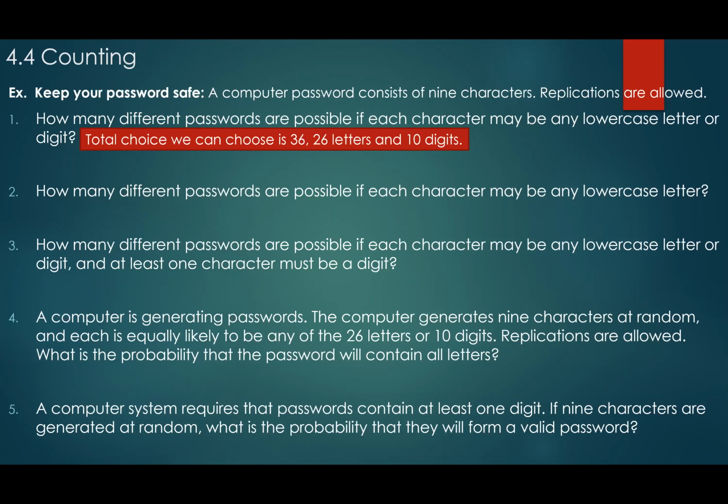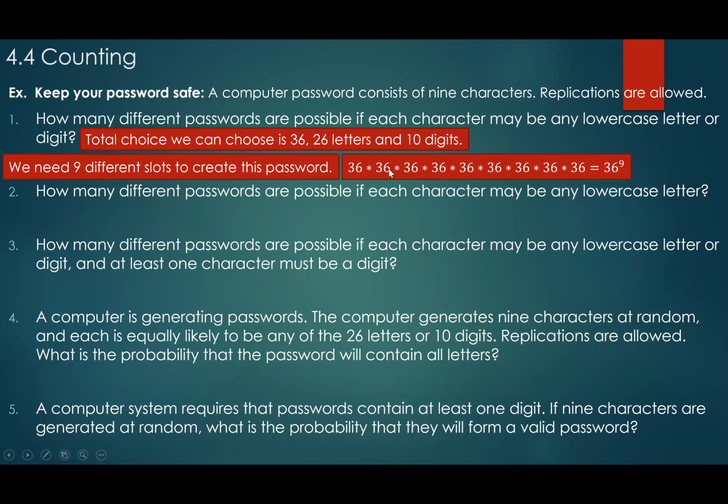Because there are 26 letters and 10 digits that I can choose from, A to Z and 0 to 9. So at the first slot I can choose from those 36 items, and I can choose Z first. At the second slot, how many options do I have? Again 36 options, since I can repeat my item. So as you can see, to find the number of possible passwords, we need 9 different slots to create this password.